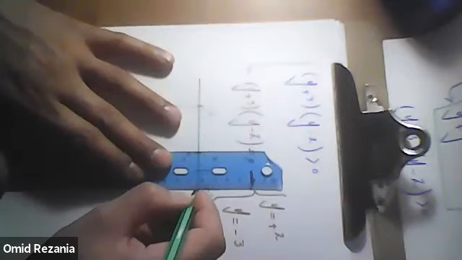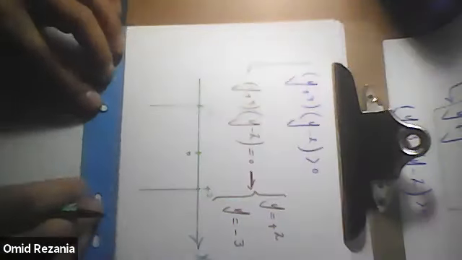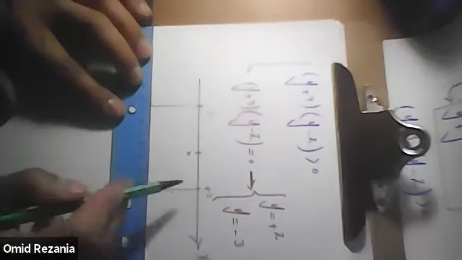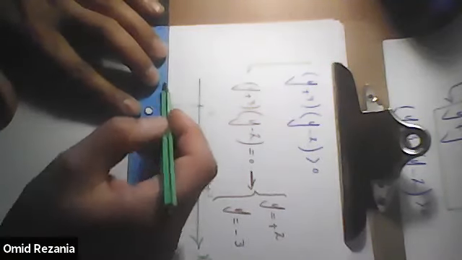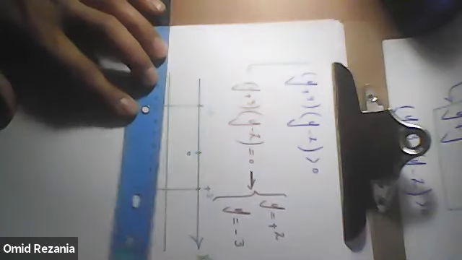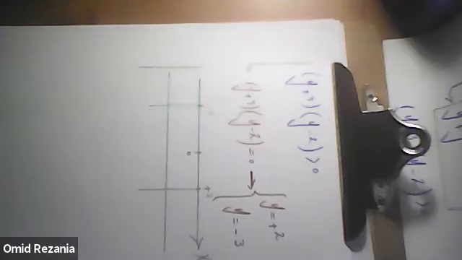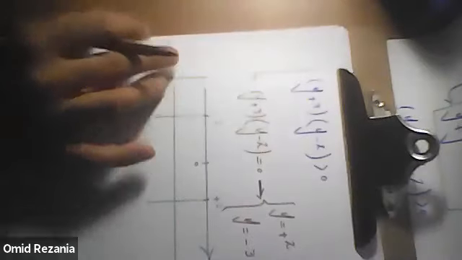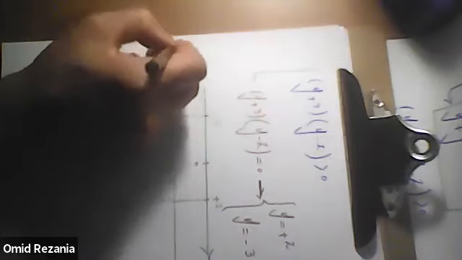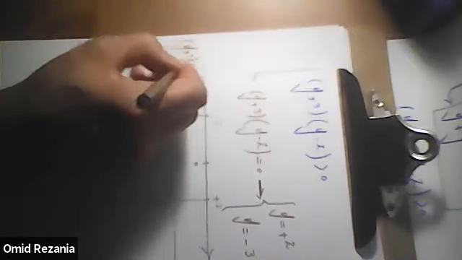And I have 0, and I have these 2. Then I make some kind of boundaries between these 2 points, and this is going to be the chart which I make. I know that the other side holds my inequality, y plus 3 times y minus 2. Correct? So far so good? Awesome.